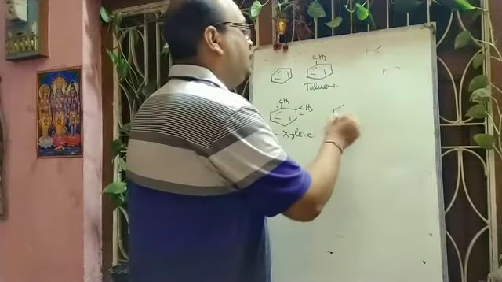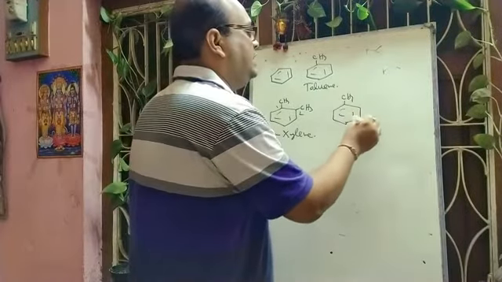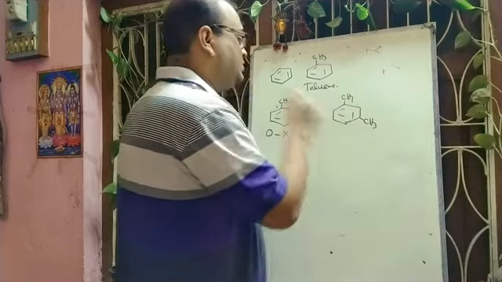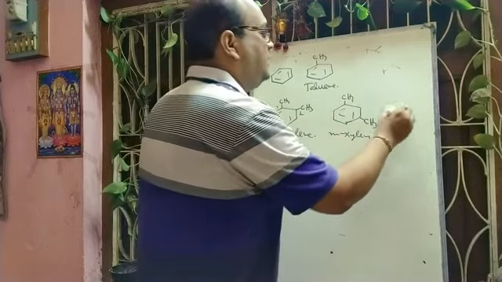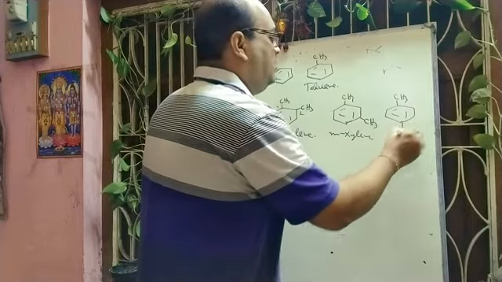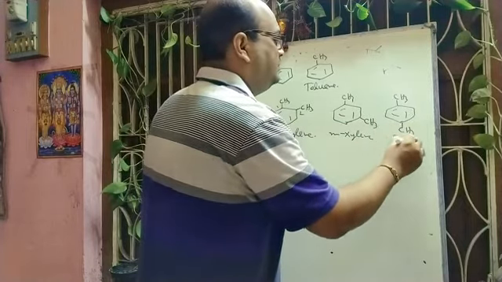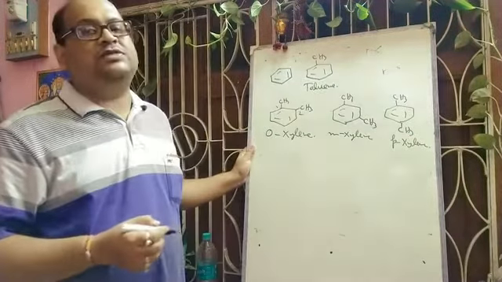If there are methyl groups at the 1, 3 positions of the benzene, then it is called metaxylene. If the 2 methyl groups are at the 1, 4 positions, then it is called paraxylene. In this way we have to write the isomers of benzene.